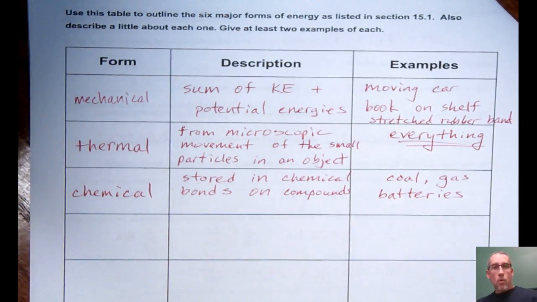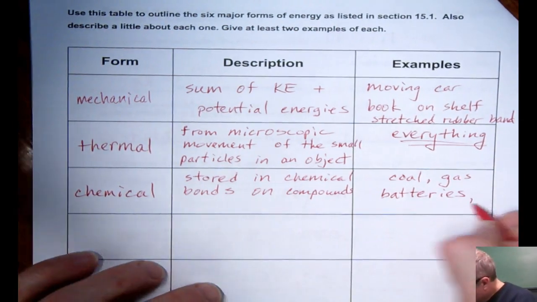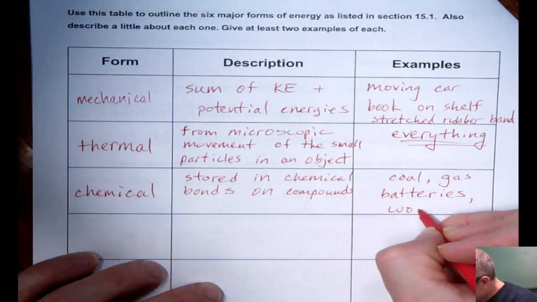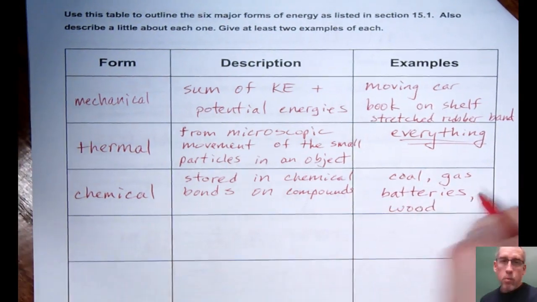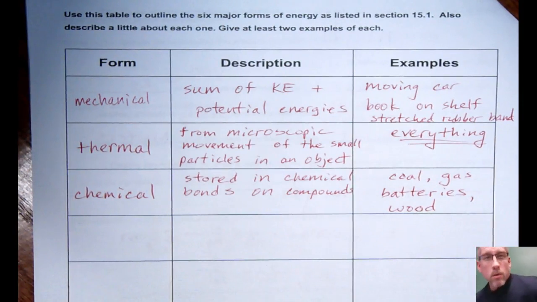That's a way of storing chemical energy. Another form of fuel is wood. You can burn wood, and once you start those reactions happening, when those chemical bonds are broken and reformed as we burn the wood and turn it into basically ash, then we release a tremendous amount of the energy, and that's where we get the energy from wood when we burn it.